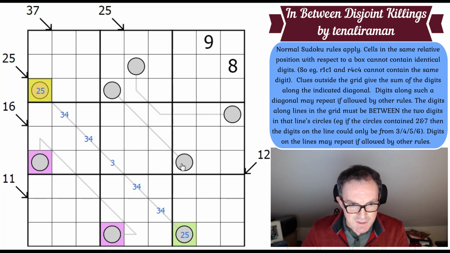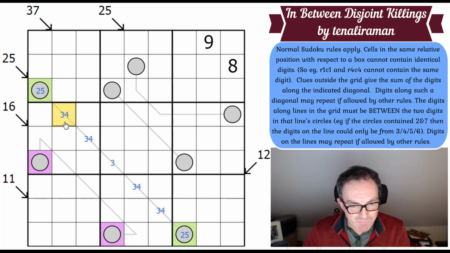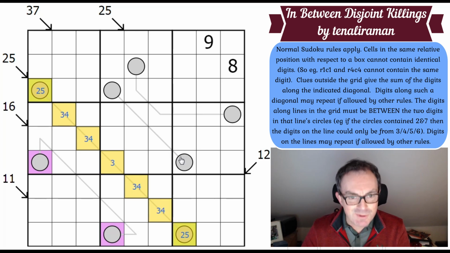Right, that is very nearly really good, but it's not bad, because what I can see is that there looks like there's 1 degree of freedom on this diagonal. And that's true, except that there are some cells you can't increase the value of because you will use 2 degrees of freedom.